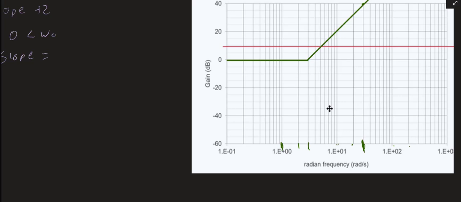Then we had a quadratic pole. It was just first order. It had corner frequency 10. So 10 is right here. Quadratic means it'll have a slope of 40. It's a pole, so it'll be negative. So it'll be 0 until we get to 10.